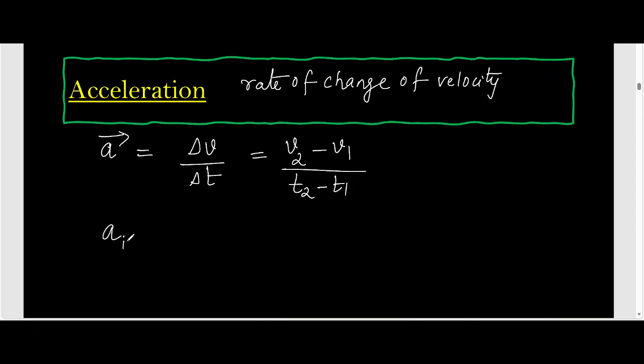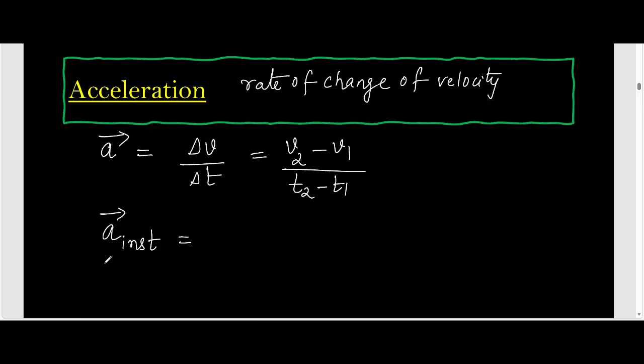What about instantaneous acceleration? We have seen two types of velocities, right? Average velocity and instantaneous velocity. Average velocity, we took it as total displacement by total time or change in displacement by change in time. And what did we do for instantaneous velocity? dx by dt, differentiated displacement with time.